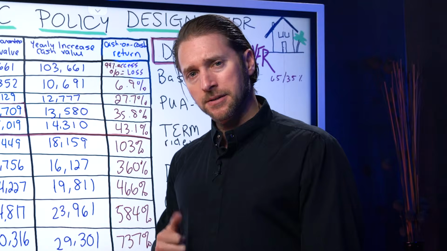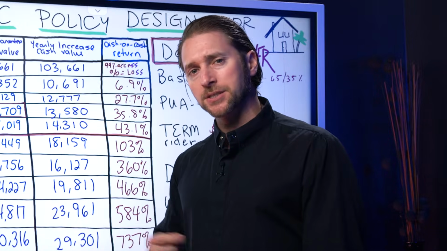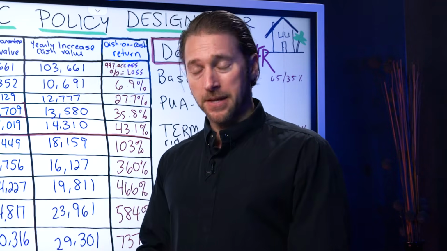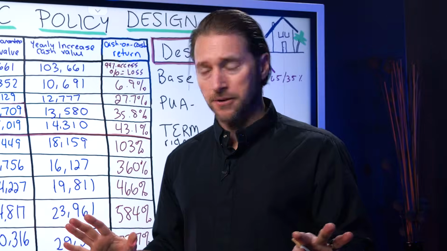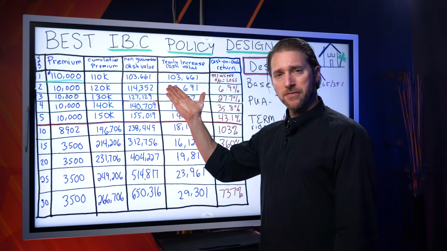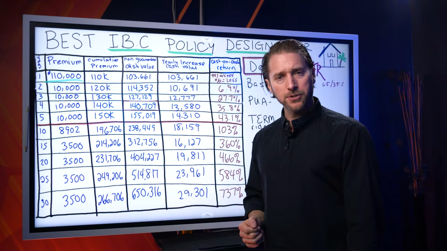Now I did say this company, for well in excess of 100 years, has paid dividends consecutively each and every single year. They've never even missed a year. So I'm only gonna show you the non-guaranteed because, hey, if they've never missed a year, why would I assume they're gonna miss a year next year or anytime in the next 30 years?